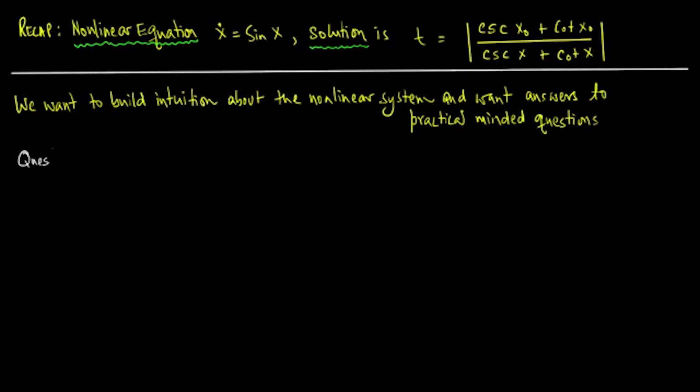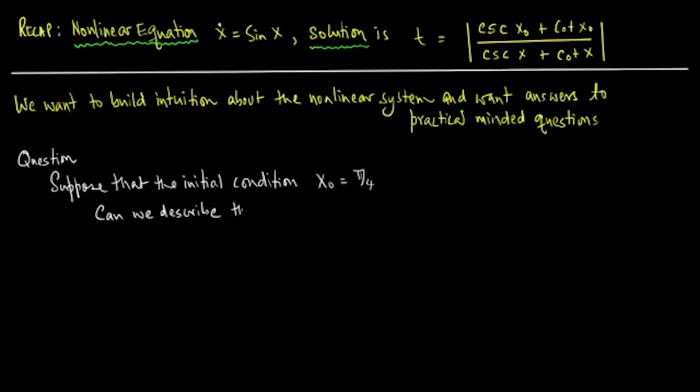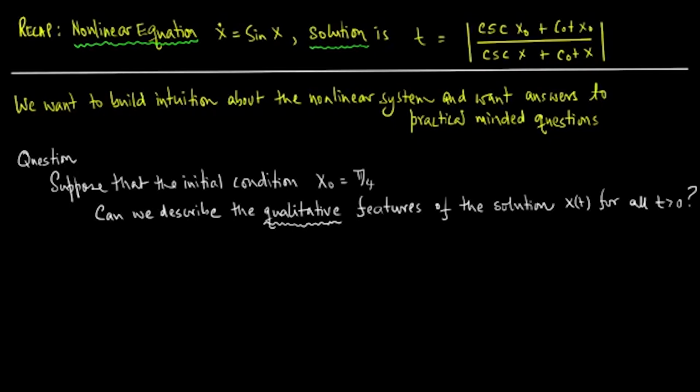For example, suppose that the initial condition is x of 0 is equal to pi on 4. Then can we describe the qualitative features of the solution x of t for all t greater than 0?